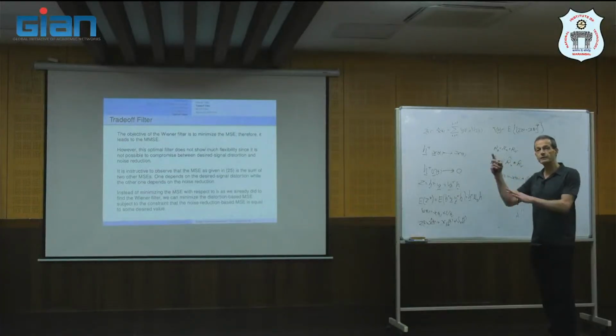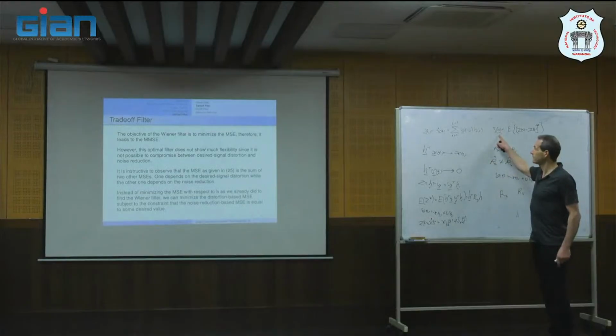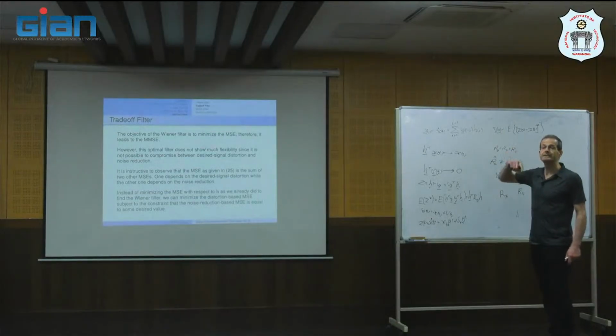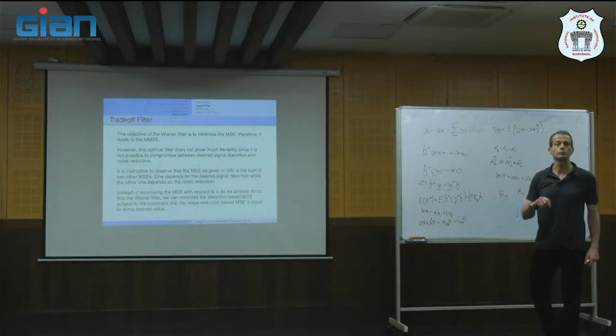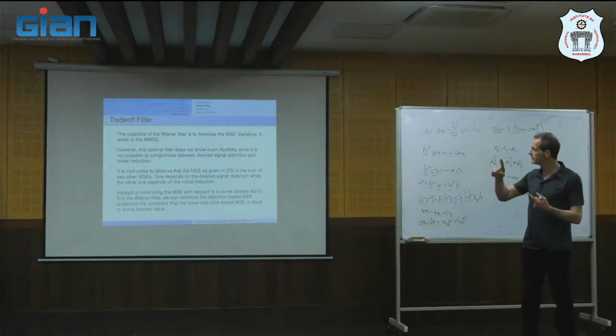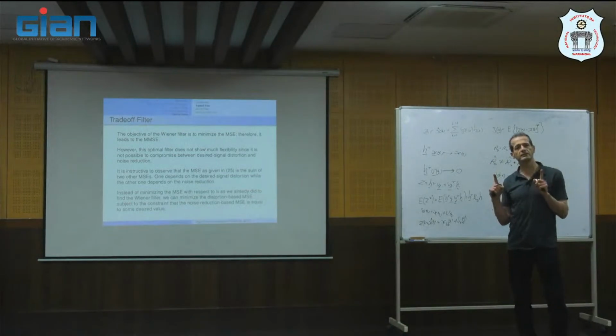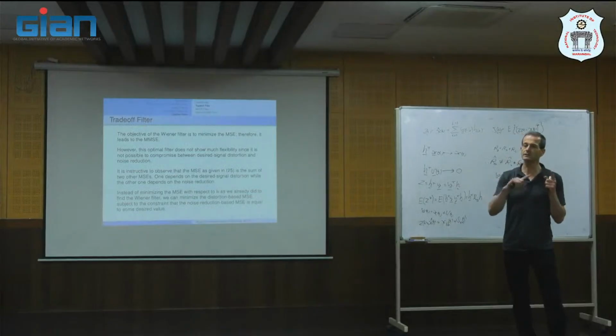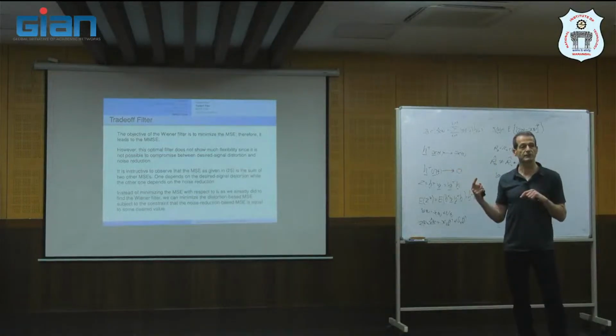But if we look for the filter that maximizes the output SNR, what is the relation between that filter and the Wiener filter? Which one is better? The maximum SNR filter or the Wiener filter?